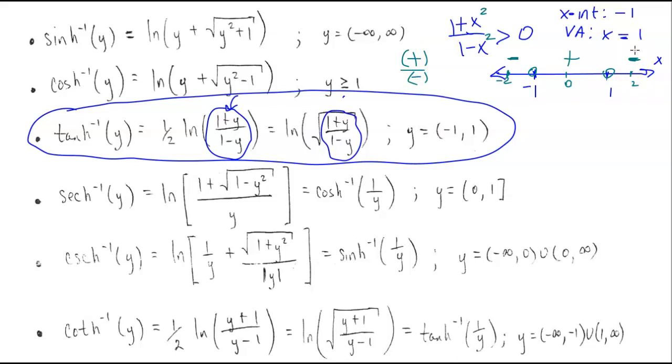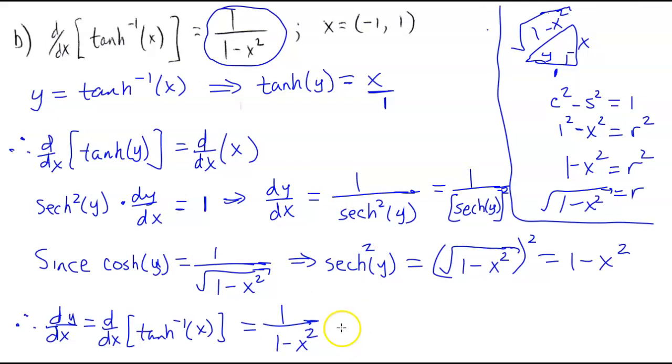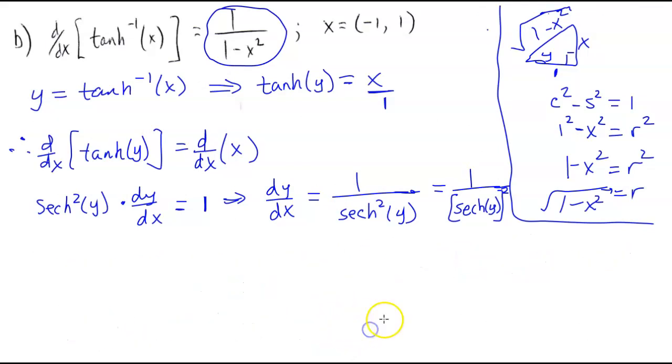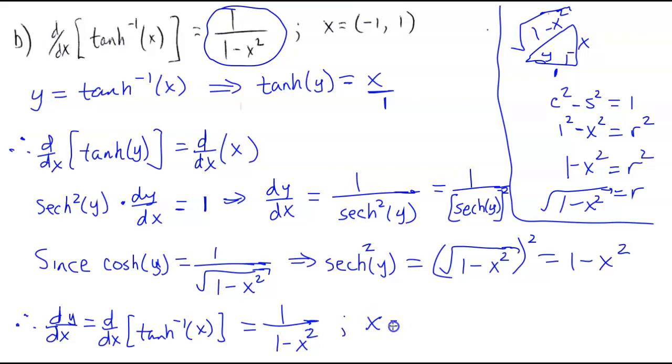And so this shows us that the only valid x values that we have for this function are in between -1 and 1. That's how we would know for this answer that x would have to be in between -1 and 1.